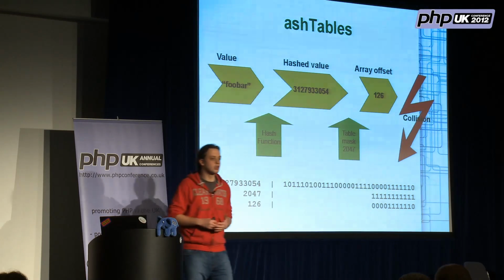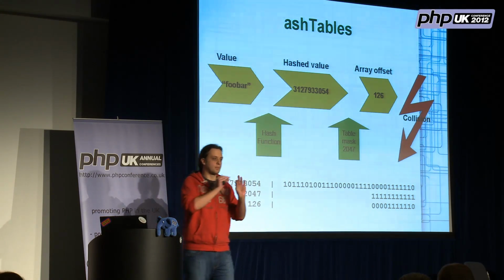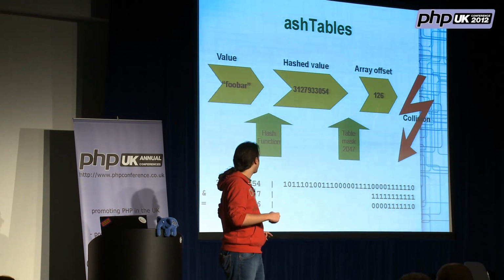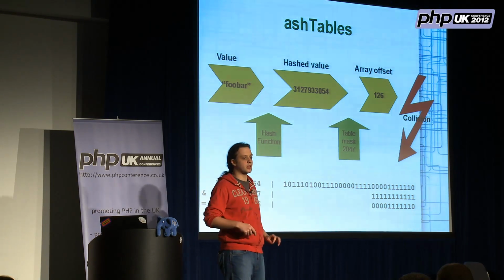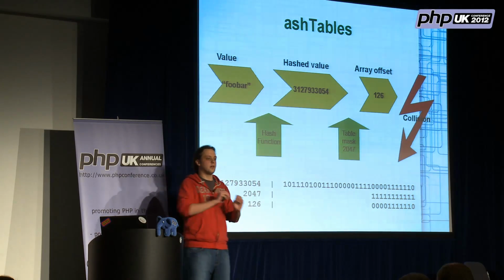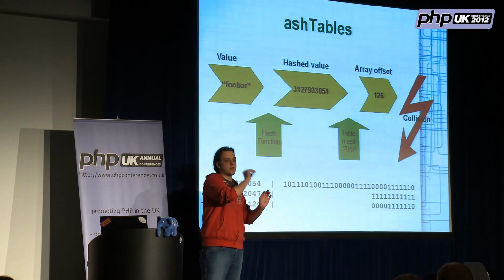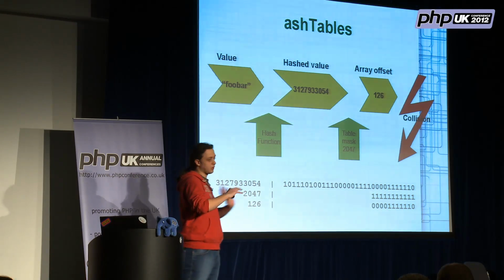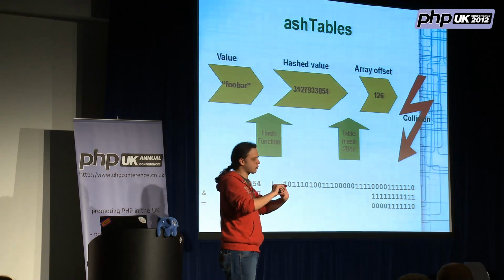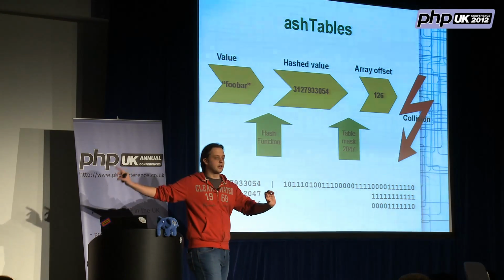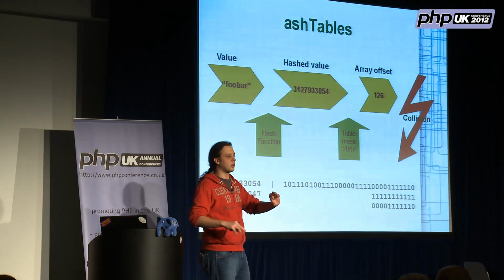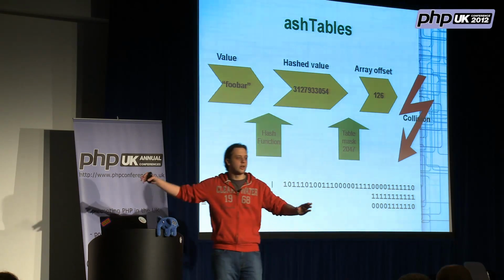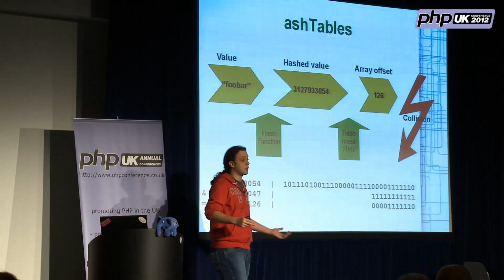An attacker could create post values which end up with the same value here, 126, for instance, and create a post request having lots and lots of these values in there. And this creates a long linked list. For each operation on this $_GET array, we have to look through this long linked list. And that takes some time.